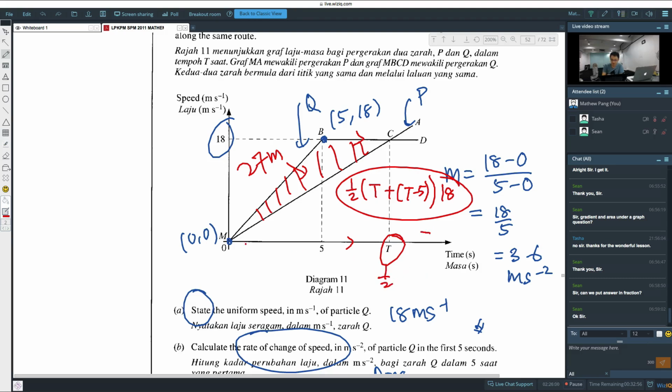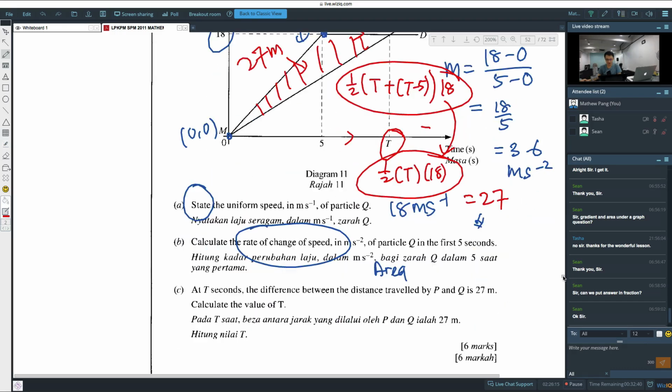So the half and 18, I simplify, become 9. T plus T is 2T. So it's 9 times (2T minus 5), minus 9T, equals 27.